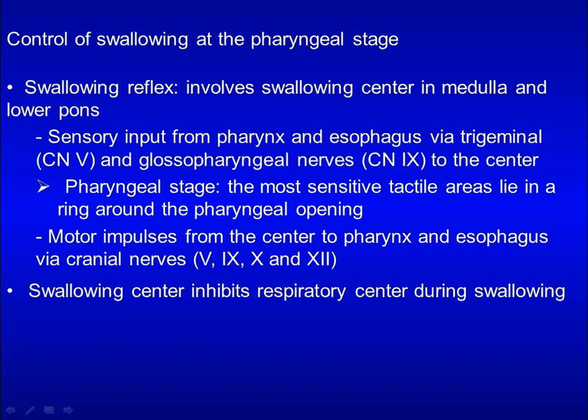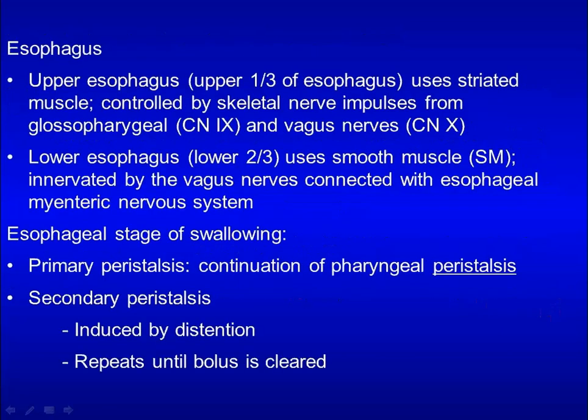The swallowing center briefly inhibits the respiratory center during swallowing. The upper one-third of the esophagus uses striated muscle. It is controlled by skeletal nerve impulses from cranial nerves 9 and 10. The lower two-thirds of the esophagus uses smooth muscle.